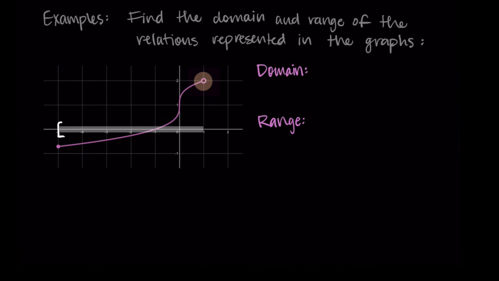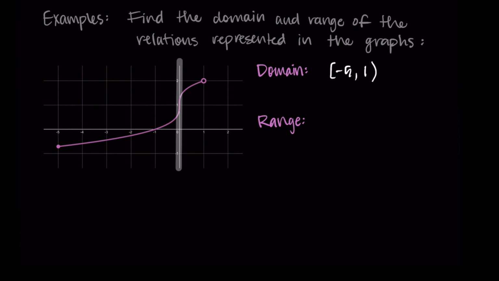Something unique is happening here where we have this open circle. This represents that 1 doesn't actually have a value at 2, it's like a hole in this graph. So we have everything up until the point (1, 2), and this means we're going to use a parenthesis for 1 in our domain. So we have -5 with a bracket, but then we're going to do 1 with a parenthesis to represent that open circle.